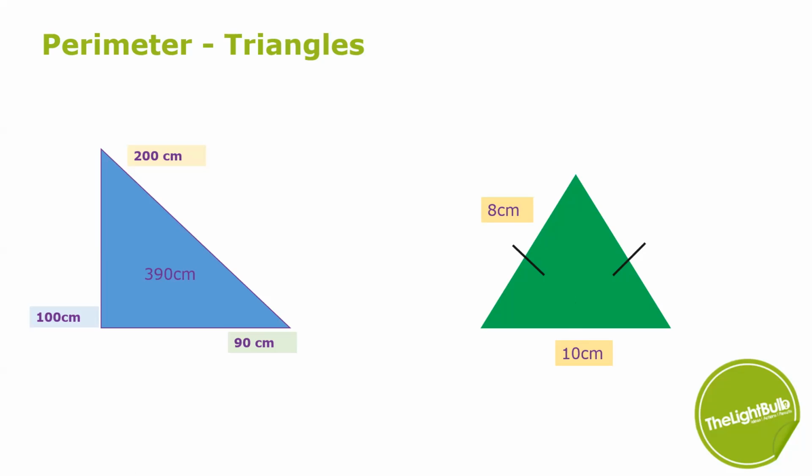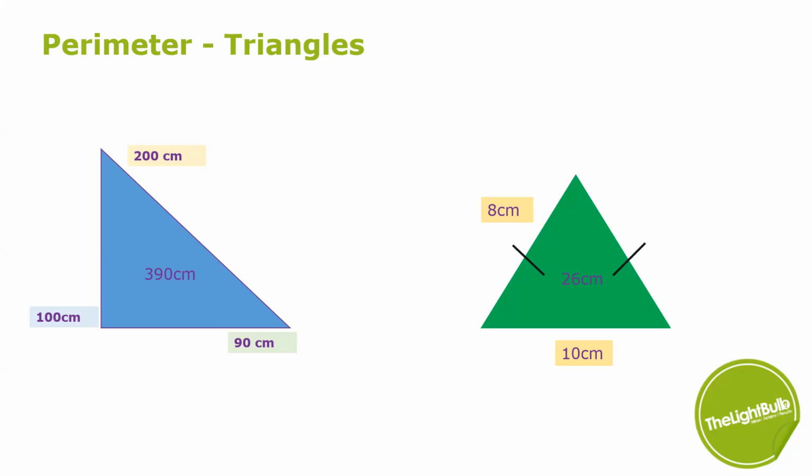So essentially, we can work out that it's the same length on one side as the other. It would also be the same angle, but we don't need to worry about that for now. So we have 8 centimeters on the left, 8 centimeters on the right, and the 10 centimeters of the base. And so we can work out from that it's a perimeter of 26 centimeters.